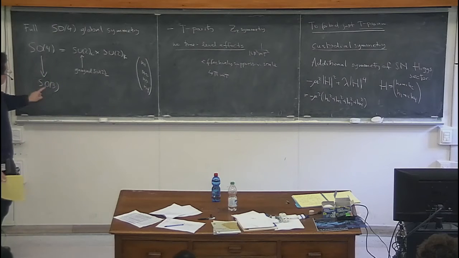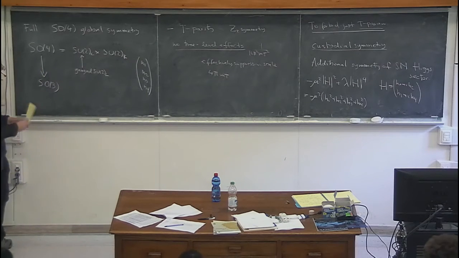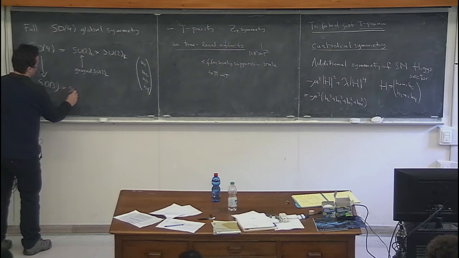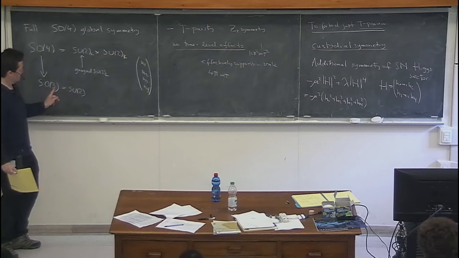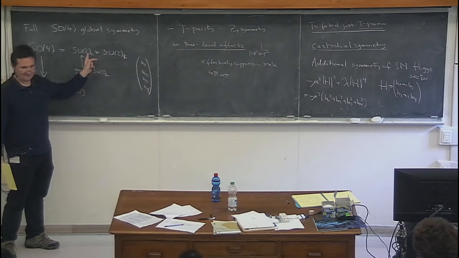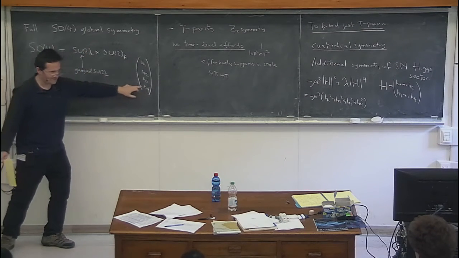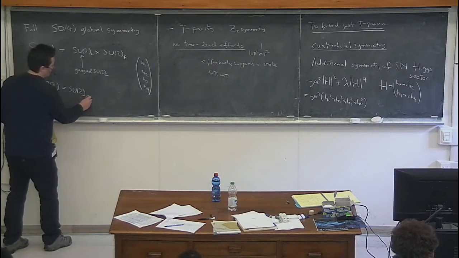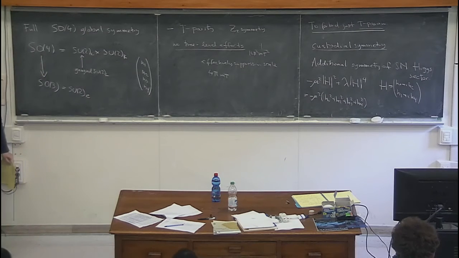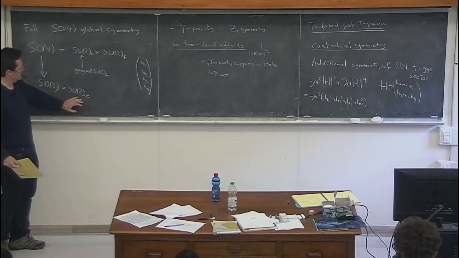Now, SO3 is equal to SU2, so that everybody knows. And this now, of course, is not equal to SU2 left. We know that this vev does break the gauged SU2 symmetry. So this is now a global SU2, and sometimes this is the thing that is called custodial symmetry.